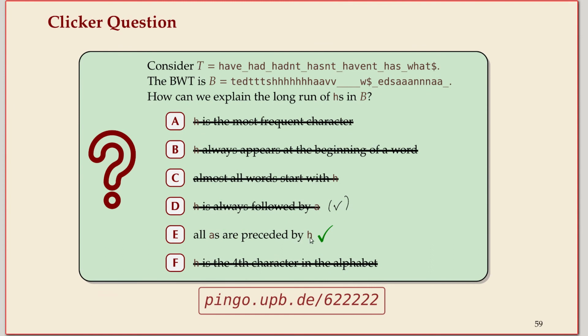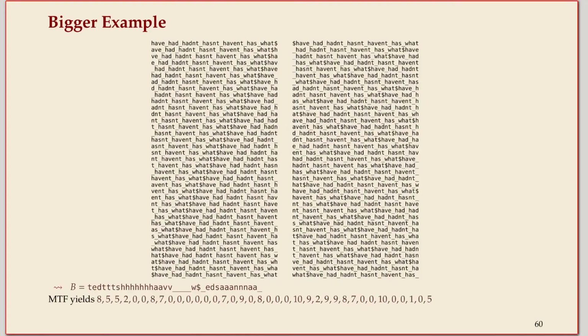To explain why this is maybe slightly more on topic, I put here the matrix of sorted cyclic shifts. So here, this is all cyclic shifts non-sorted, and here are they again in sorted order. So what we're looking at is this run of H's here. And what we should do is really look in the same rows, but at the beginning, what happens here.